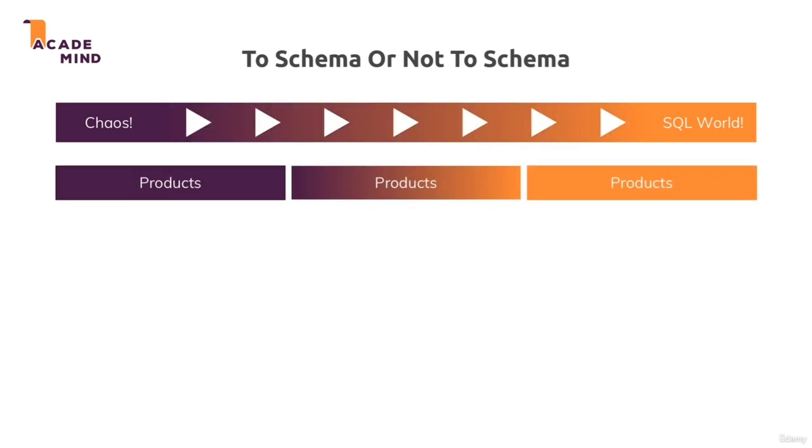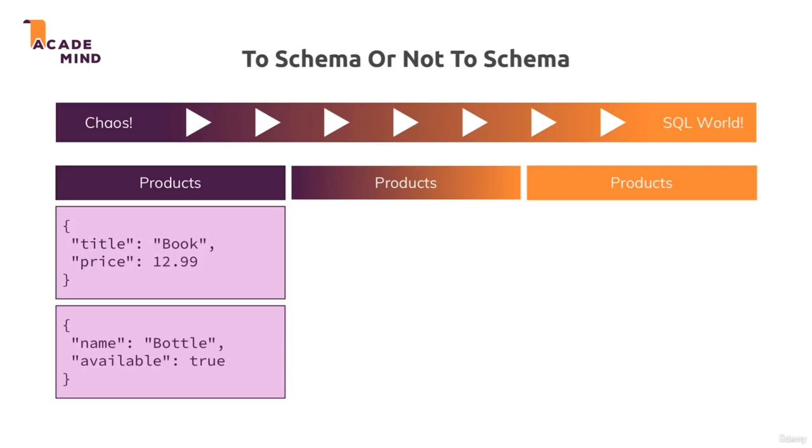So we got the whole bandwidth, and we also got some shades in between. So in the chaos world, we basically got what we just saw in the little example. We got maybe a products collection with totally different products in there. So that is possible in MongoDB, but it's probably not what you need or what you'll use in reality.